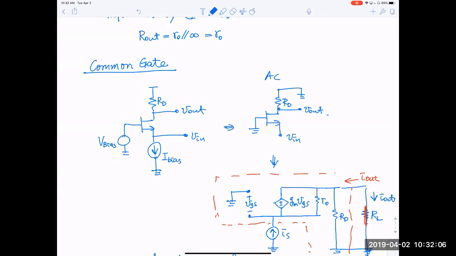If you simply look at this circuit diagram, of course all the current will have to flow this way, and the current gain is 1. Regarding directionality, with the convention we define I out to be this way and I in to be in this direction, so it's -1.